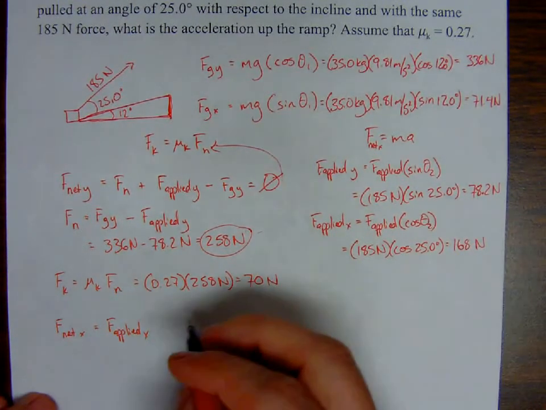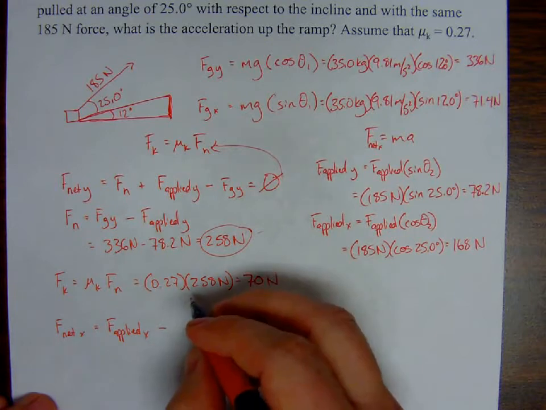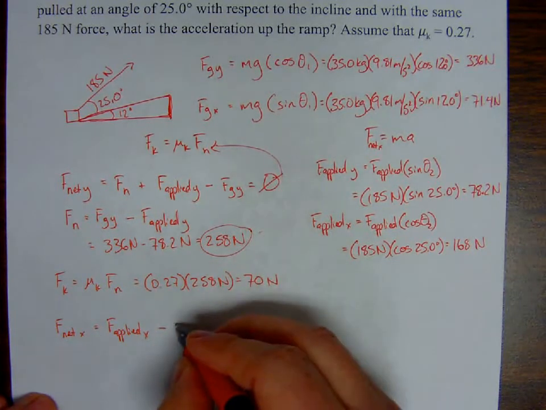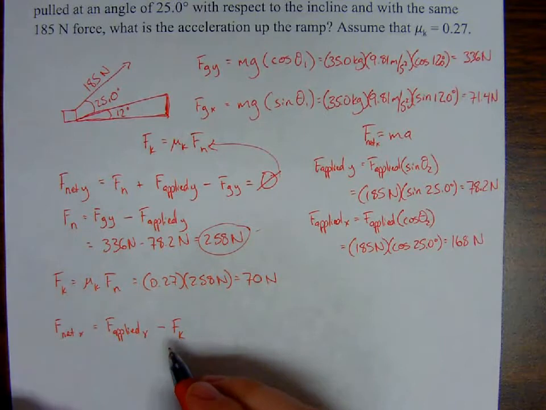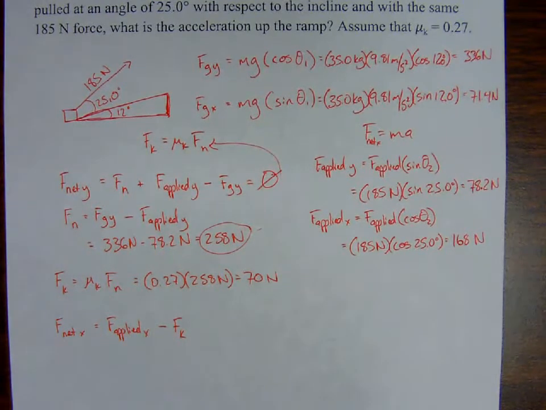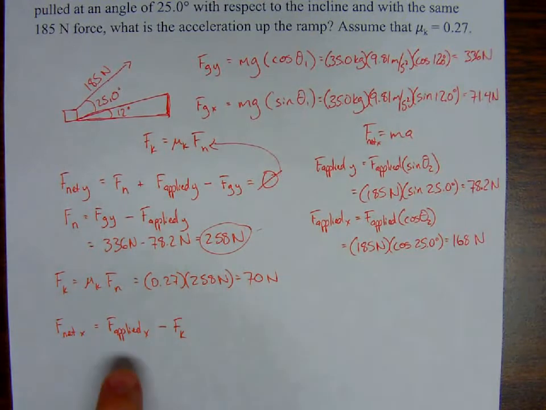I already calculated all 3 of these terms. That'll give me my net force in the x direction. Then I can plug that into this equation and solve for a, and I'll be home free. So let's see what this ends up being. Where are my notes? Sorry.